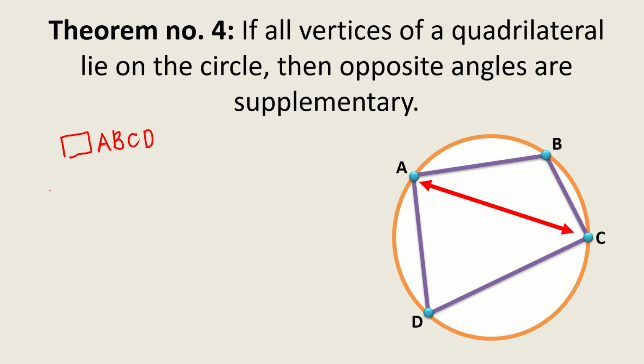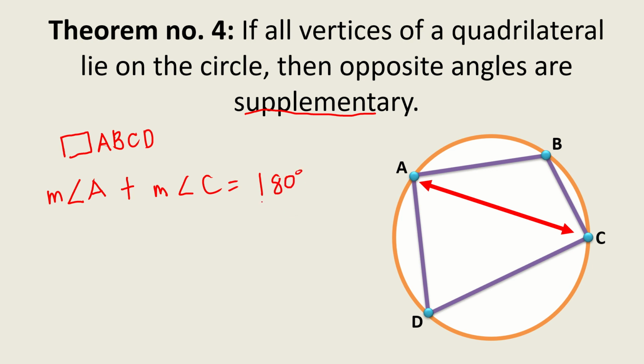So if we get the sum of the measure of angle A plus the measure of angle C, what is it equal to? They are opposite angles, so they are supplementary. When supplementary, as I said earlier, the sum equals 180. So the measure of angle A plus the measure of angle C gives 180 degrees.